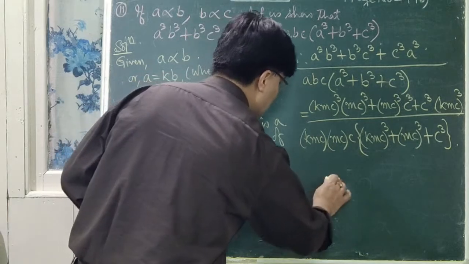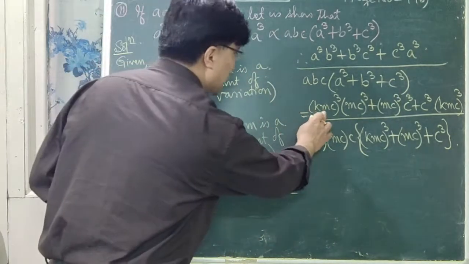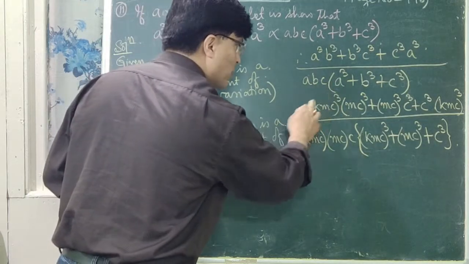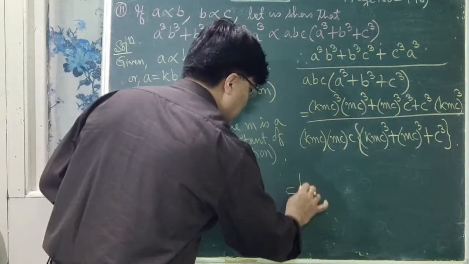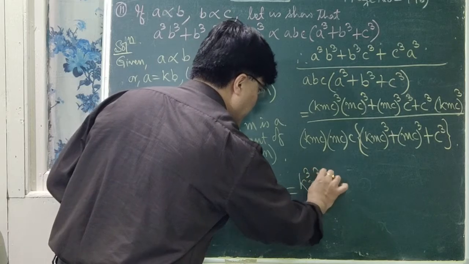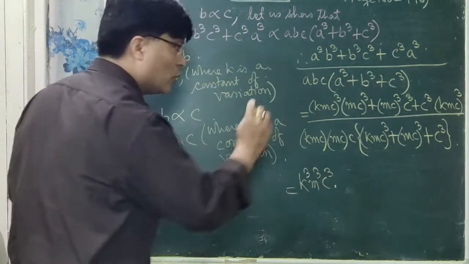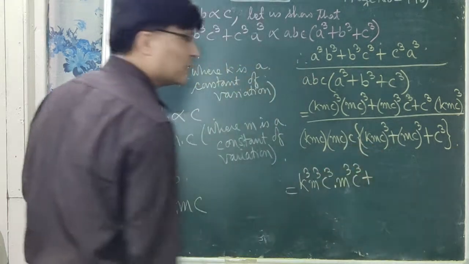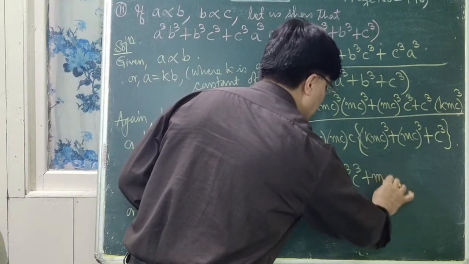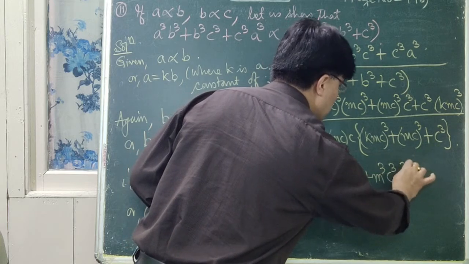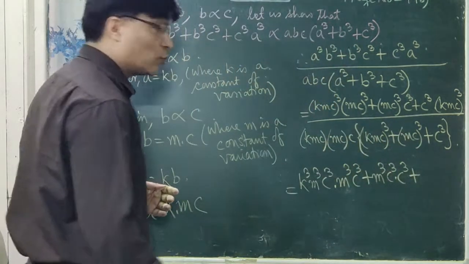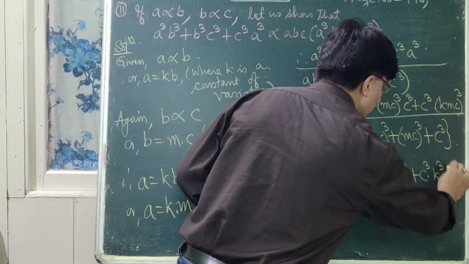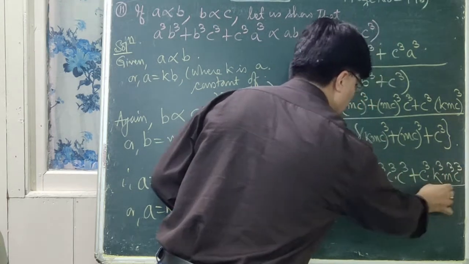So let us simplify it, which is equal to, what is KMC whole cube? This cube is for all of this KMC, isn't it? That is K cube, M cube, C cube into, what is MC whole cube? M cube, C cube plus, next, M cube, C cube into C cube plus, next, what is the last one? C cube into K cube, M cube, C cube.